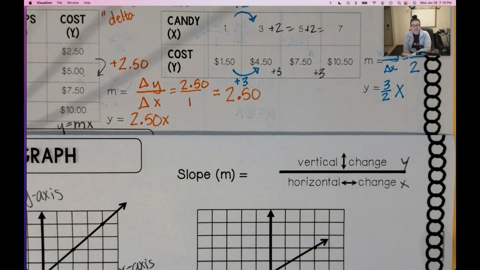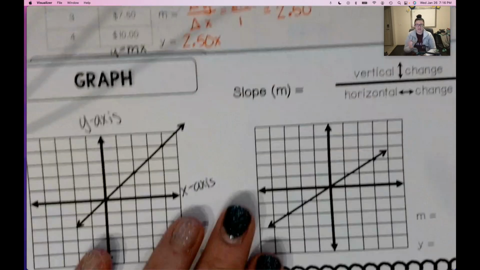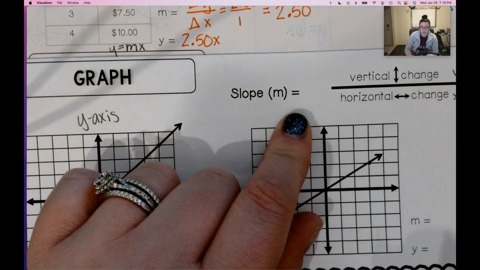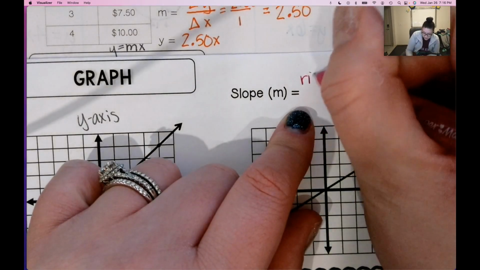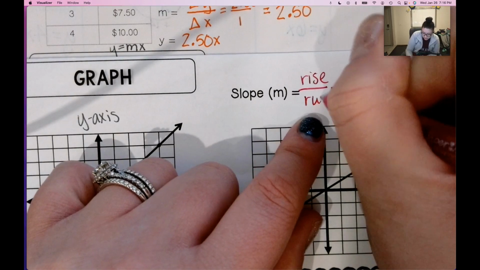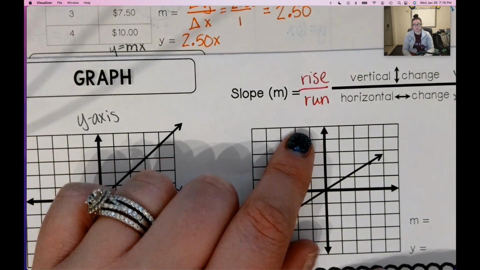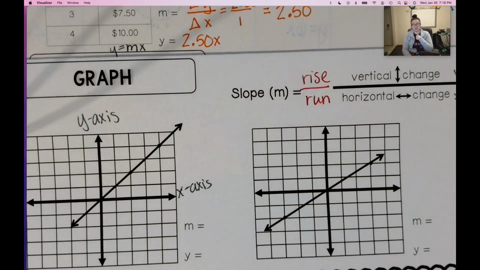We do have a saying that helps us out more than having to remember which is my x-axis and which is my y-axis. For graphs, when we're going to find the slope, we're looking for the rise over the run. If something rises, what direction does it go? It goes up. If we run, what direction do we go?